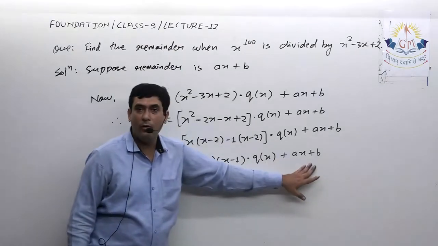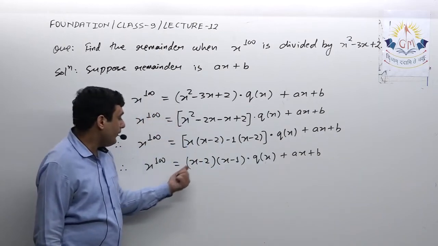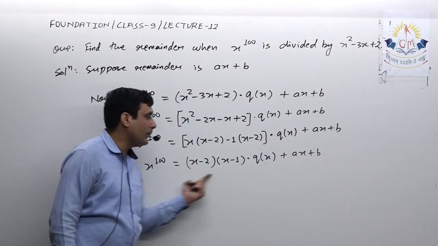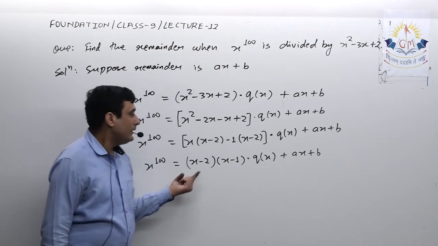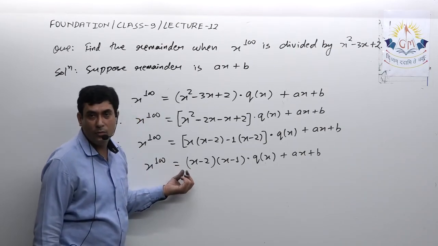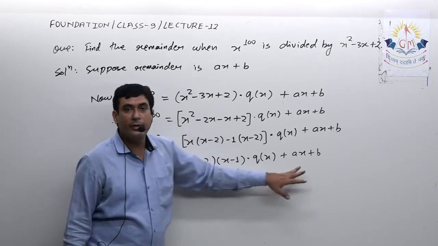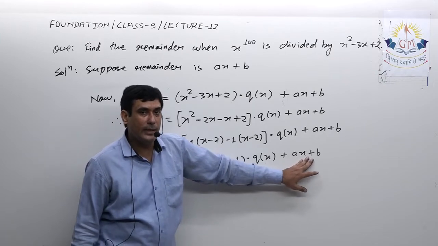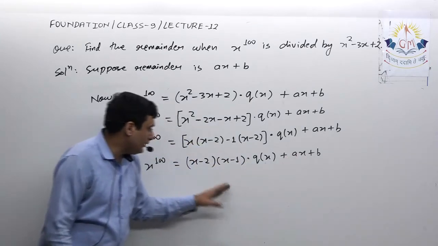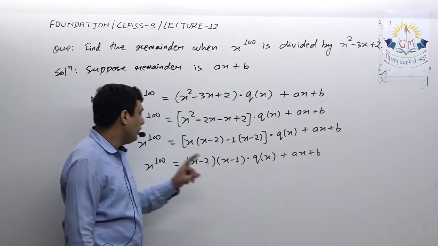Directly I get a relation between a and b. Similarly if I put x equal to 2, again this will become 0. That means this is the main target, that we have to find one or two such values by which we can make the term 0, so that we can get a direct relation between a and b, and that is possible by taking x equal to 1 as well as x equal to 2.